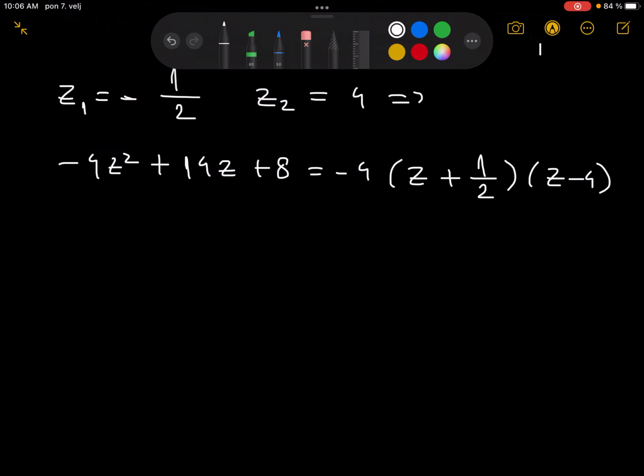Or, in other words, when we distribute this a little bit, we can rewrite this as 4z plus 2 times 4 minus z.